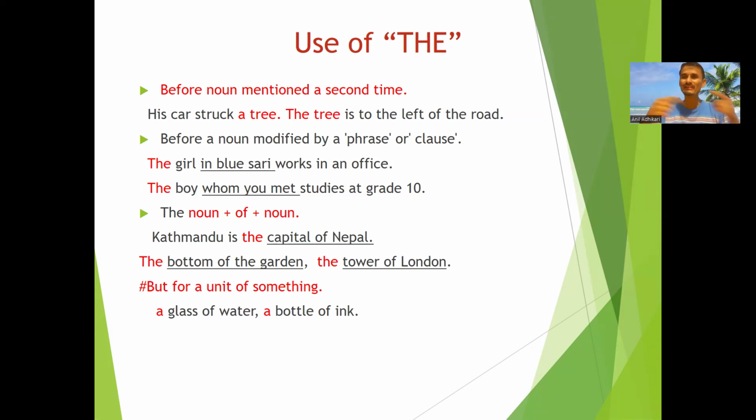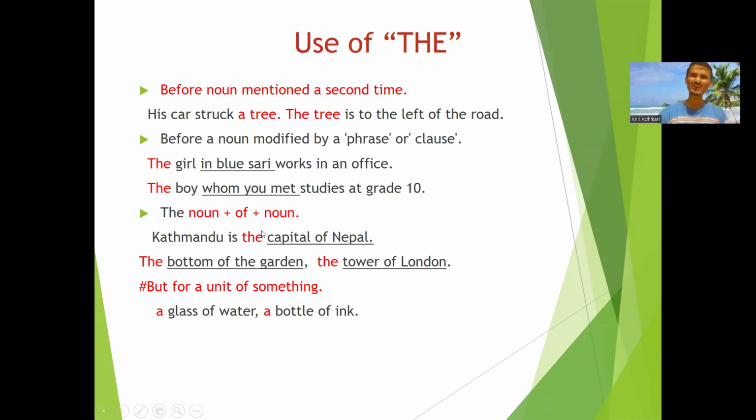Another example, guys: the noun of noun. If you see it in the examination, the noun of noun. Kathmandu is the capital of Nepal. Look here: capital of Nepal. Capital is a noun, and Nepal is also a noun.